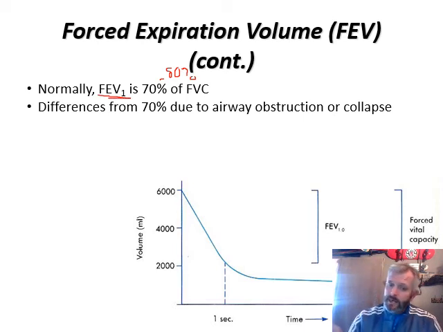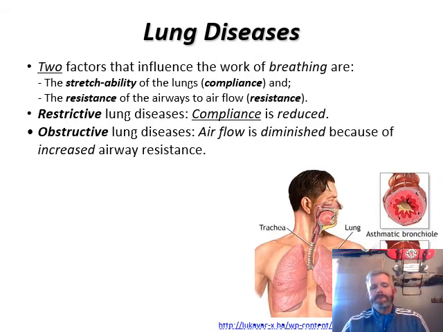All right. If I'm not able to do this, if it's lower, meaning I'm not able to expel as much air out in 1 second, that would be a common sign for what we call an obstructive disorder. Obstruction is going to affect the ability to exhale the air. And then there is also restrictive.